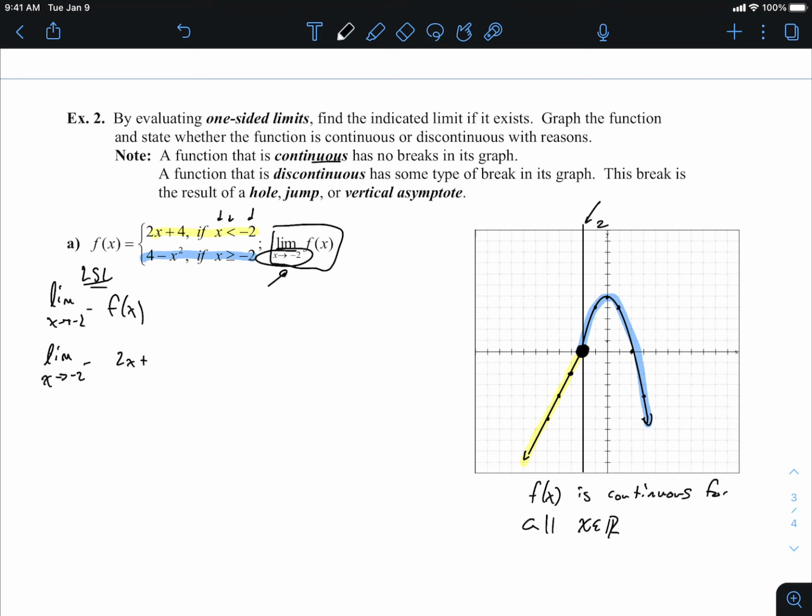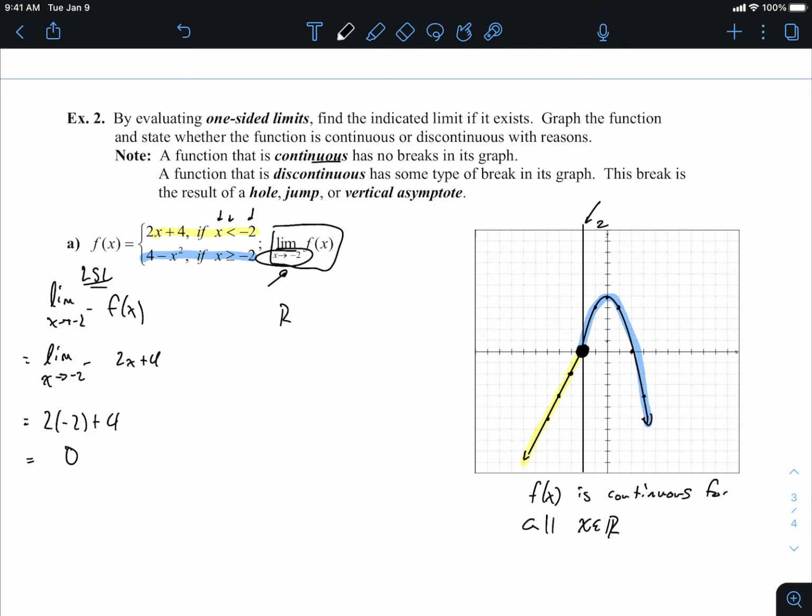I'm going to see what happens when I check -2. We don't even need the limit, because we're going to evaluate now. We get, don't forget your equal signs, 2 times -2 plus 4, which equals 0.